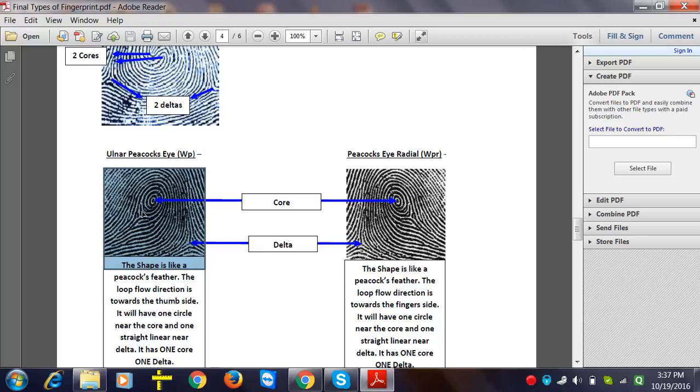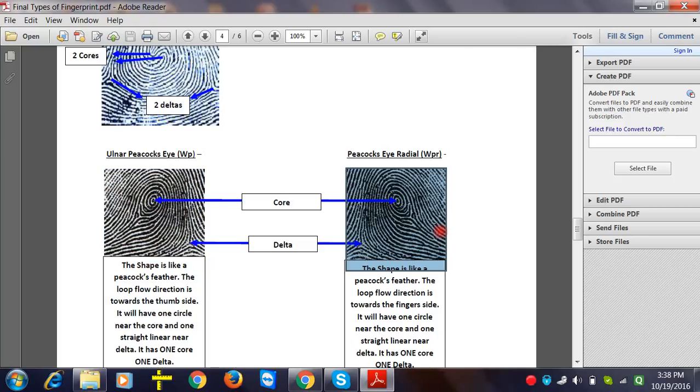There is a circle and one line going from here, and when you do the ridge count, you count from here 1, 2, 3, up to 19. So you count straight from here and put the ridge count inside.